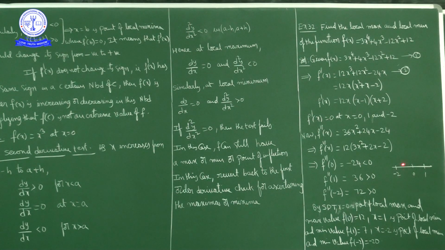So at minus 2 we have local minima, at 0 local maxima, and at 1 local minima. The local minimum value at x equal to minus 2 is minus 20, the local maximum value at x equal to 0 is 12, and the local minimum value at x equal to 1 is 7.